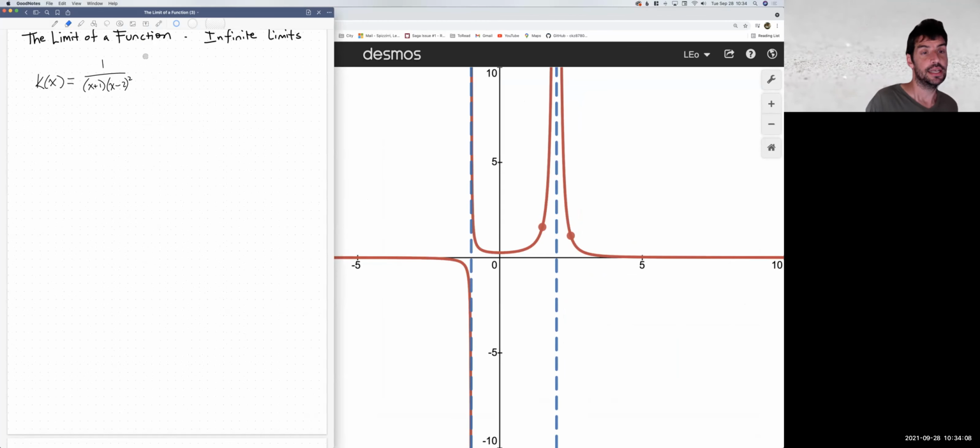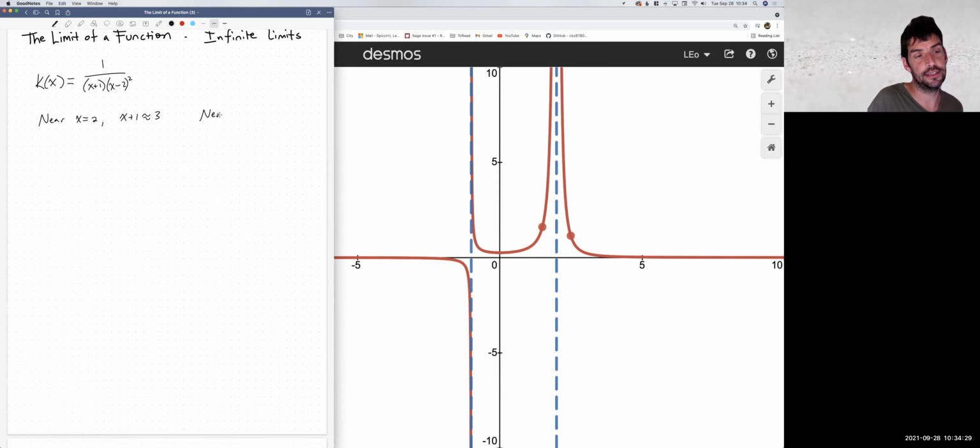Well, we've got two factors in the denominator of this function, the factor x plus 1 and the two factors of x minus 2. So near x equals 2, x plus 1 is approximately 3.